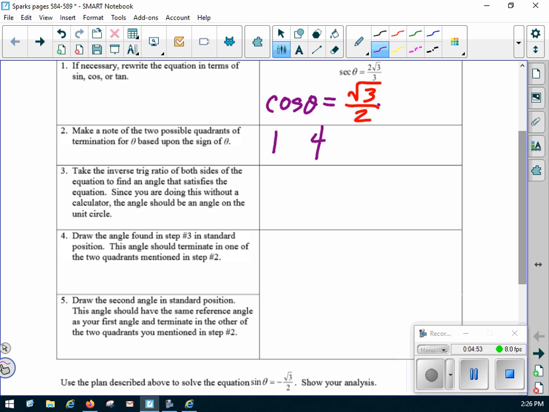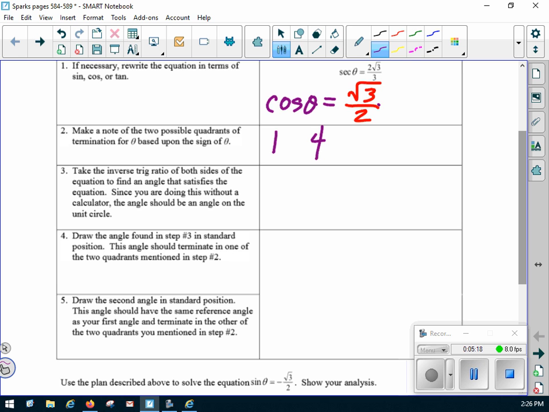Here's what I need you to think. Quadrant 1. What angle in quadrant 1 has a cosine of square root 3 over 2? 60 degrees. No, 30 degrees. My bad. 30 degrees has a cosine of square root 3 over 2, right?